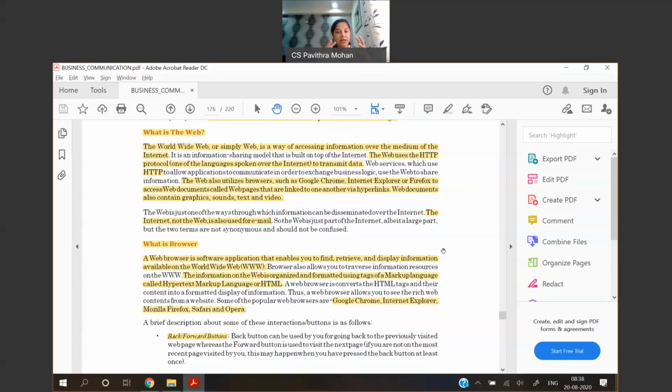First they create a web page or a website. A web page is one page; a website is a big page with various drop-downs and various information available. Once they create this information, they give it an address.